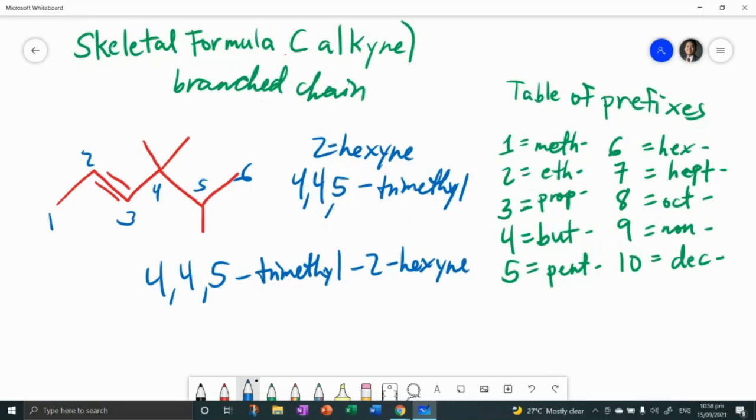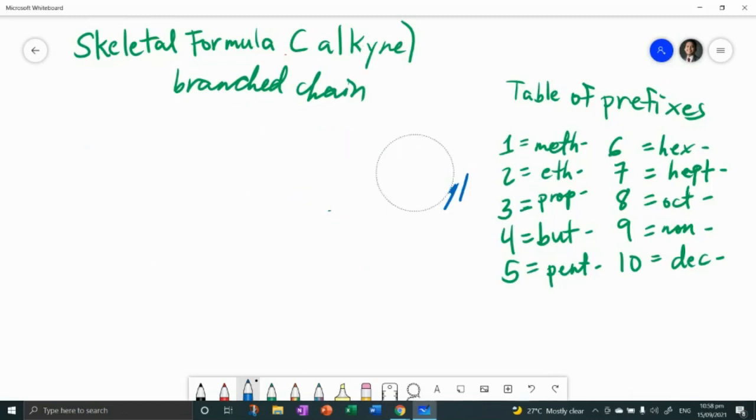I hope you understood, okay? So the last one is this. I will draw the triple bond. We know which end is closer. So we must number the parent chain. 1, 2. Oh, I'm sorry, so that you won't be confused.